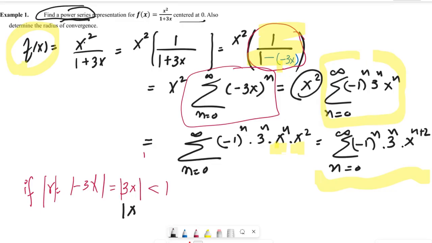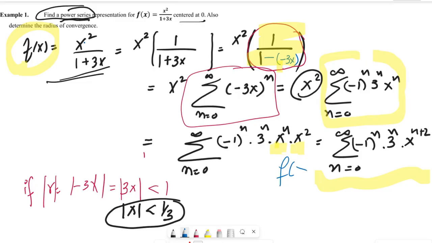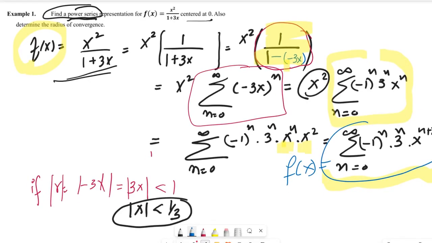When is that true? When the absolute value of x is less than 1 by 3, then this series will be convergent. Therefore, our function can be written as this series with radius of convergence equal to 1/3.